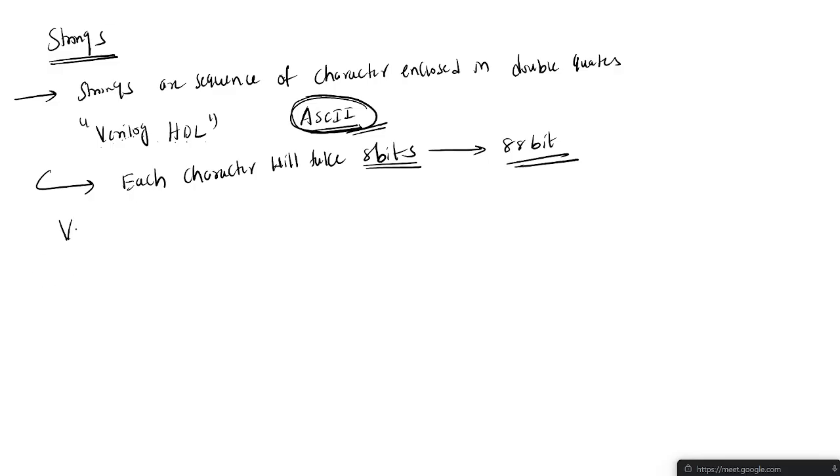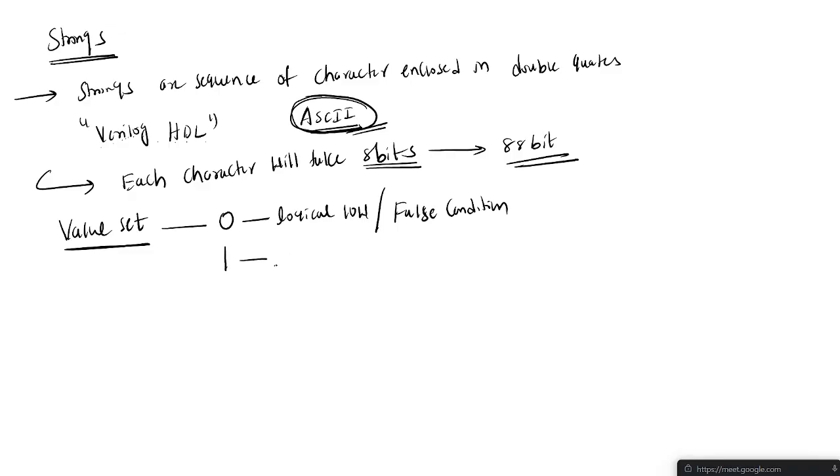Next, you have the value set. First, 0 means logical low or false condition. And 1 means logical high or true condition.